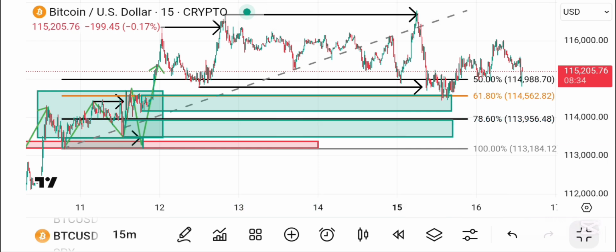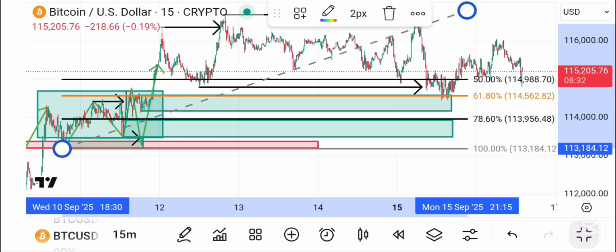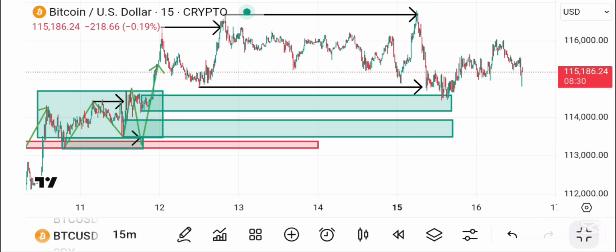Now, from experience, I can tell you that this first demand zone is more like the passive buyers coming in, so it's likely going to get liquidated, right?